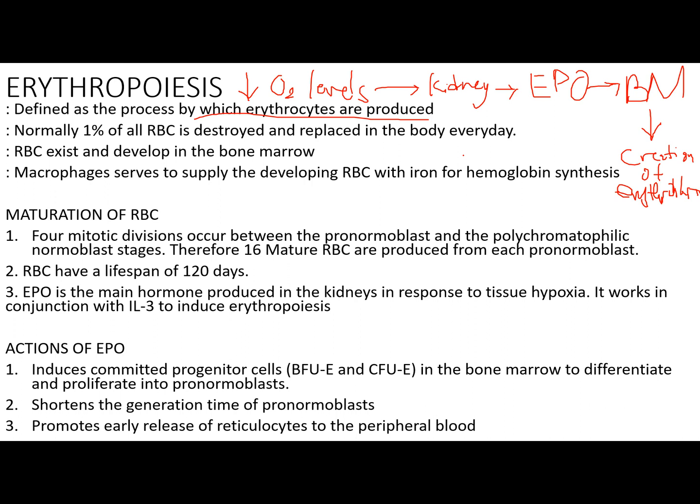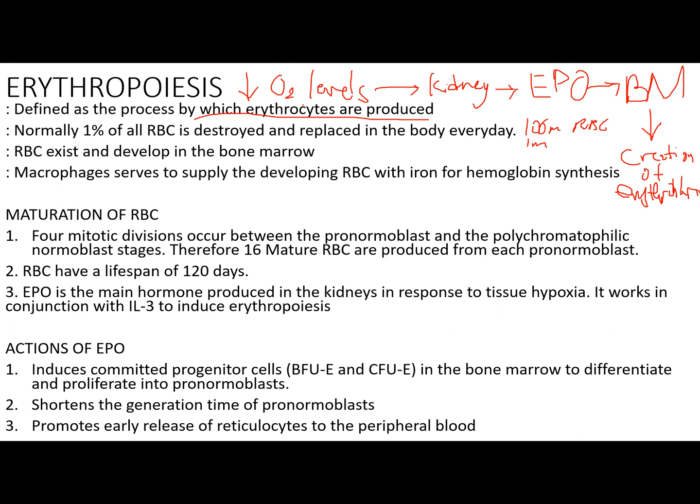Now, normally 1% of all RBC is destroyed and replaced in the body every day, class, every day. So, normally 1%. So, if you have around, let's say, 100 million RBCs, class, sa katawan nyo, 1 million everyday, class, ang nasisira at nare-replace.